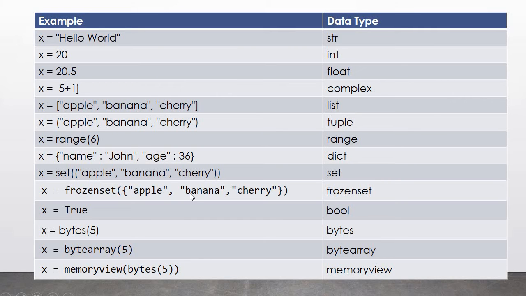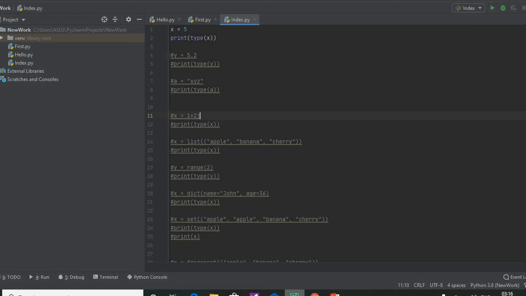Now we can run this code in PyCharm. The first one is x is equal to 5. Then I am going to print type of x. I have already written the statements to save time. Sorry for that.